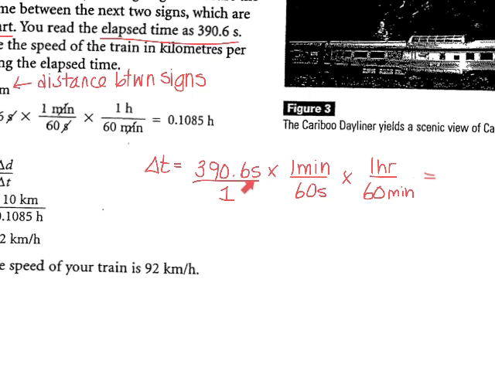So we've got seconds here, and we've got seconds here. So we're just going to cancel out those units because we know that if we take something and divide it by something, it's going to equal 1. So if we take a second and we divide it by a second, it's just going to equal 1. It's not going to make any change to our calculation. And we also know that this minute here and this minute here will also cancel each other out. So we're just going to cancel that minute out and that minute out.